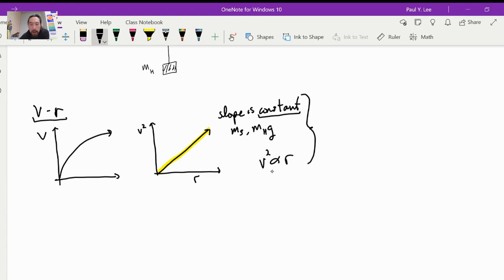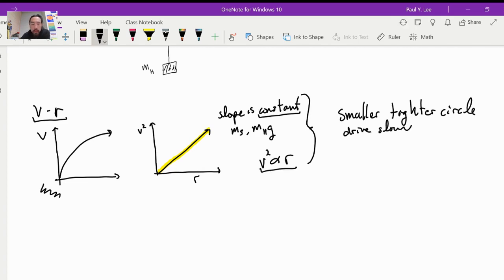The idea of this relationship, or even this graph, shows us that if there's a smaller, tighter circle, and I'm using the word tighter very loosely, in everyday language, a nice small circle, you need to drive slower.